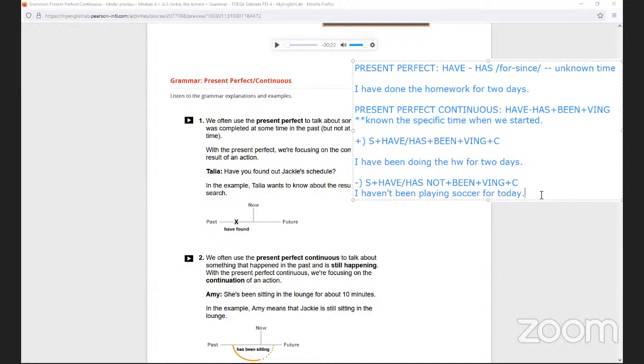Excellent. So, if I want to make questions, it's gonna be the same, but we have to use first, right? First, this, that it is the auxiliary, at the beginning and after the subject. Great.